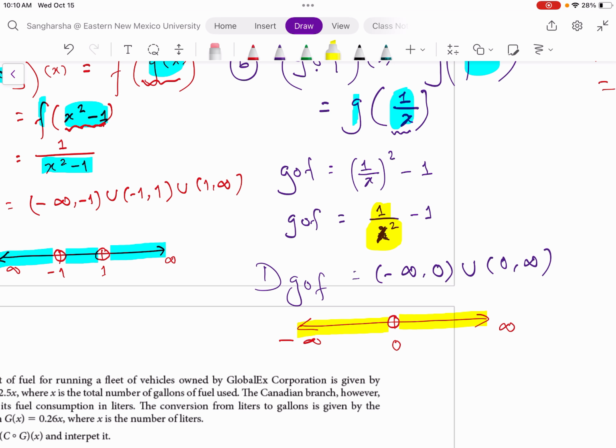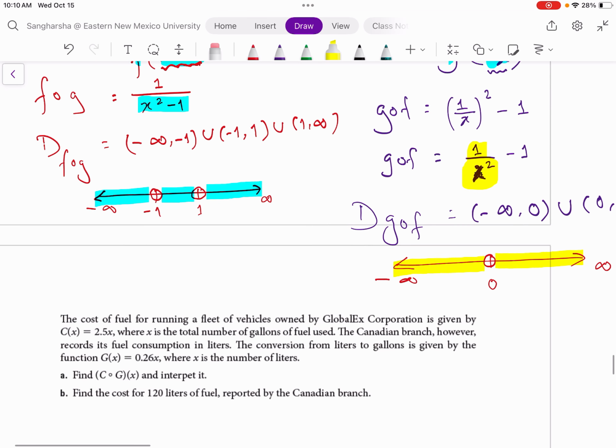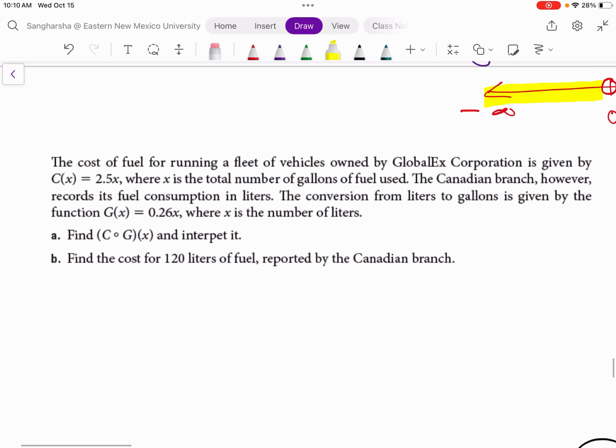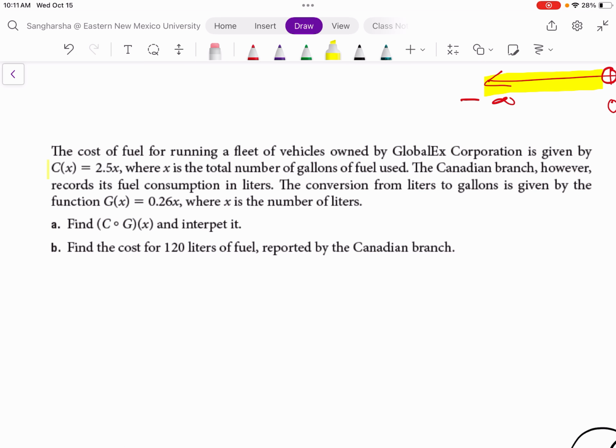Okay, now let's go ahead and start our next example. The cost of fuel for running a fleet of vehicles owned by Global X Corporation is given by C of X equals 2.5x. Here C of X is the cost of fuel, and that cost of fuel is equal to 2.5x.